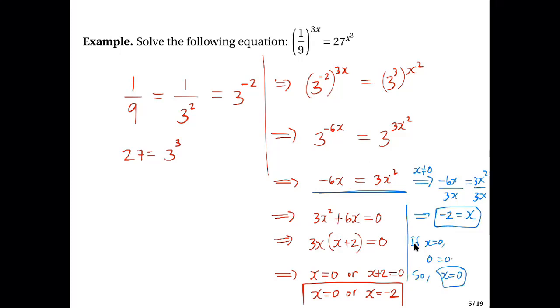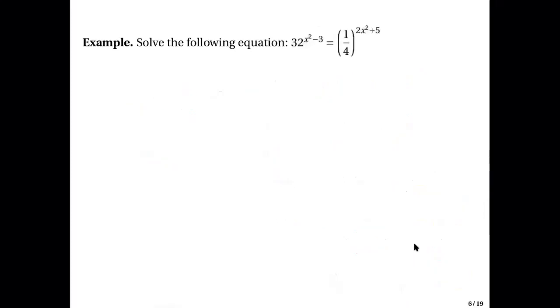Okay. So let's have our next problem here. We have 32 raised to x squared minus 3 equals 1/4 raised to 2x squared plus 5. Okay? So again, this is very similar to the last problem. We cannot write 32 as a power of 1/4, and conversely, we cannot write 1/4 as a power of 32.